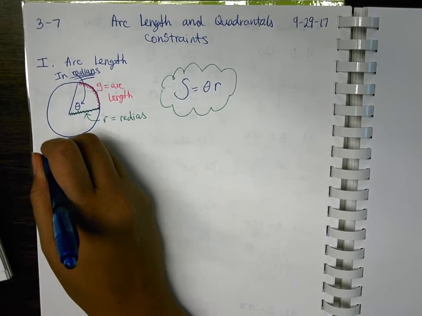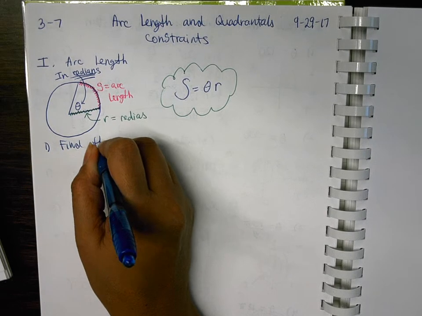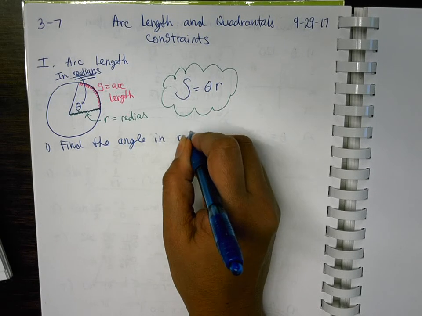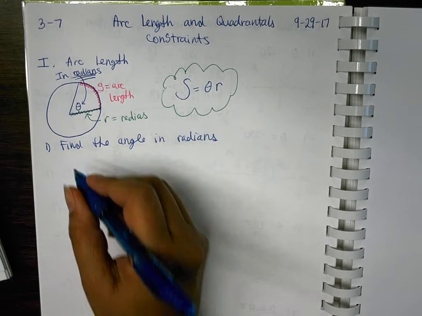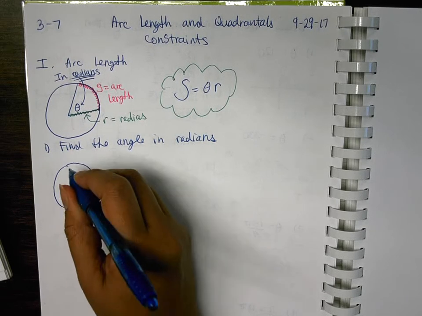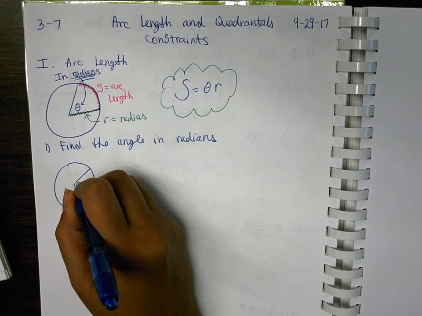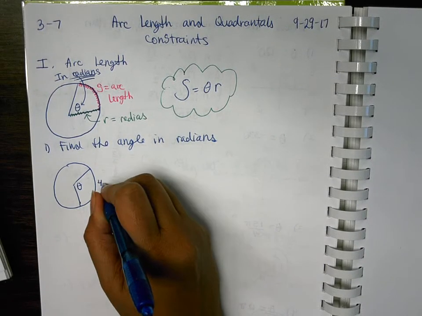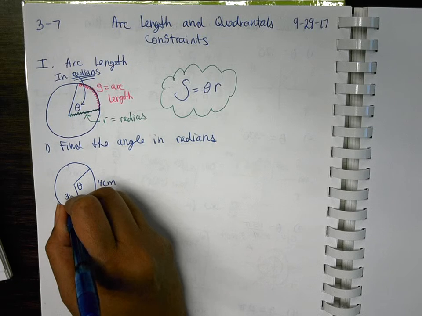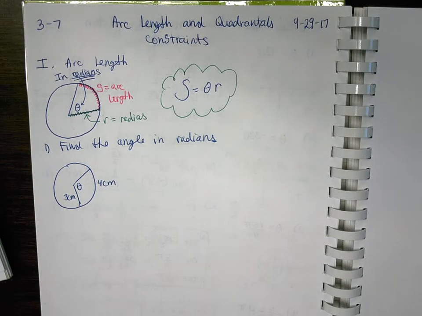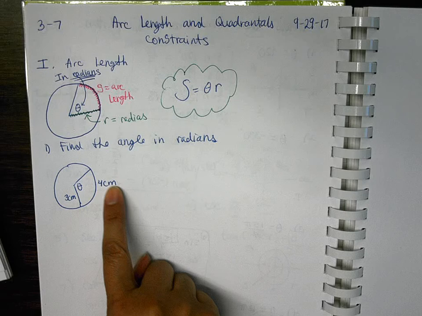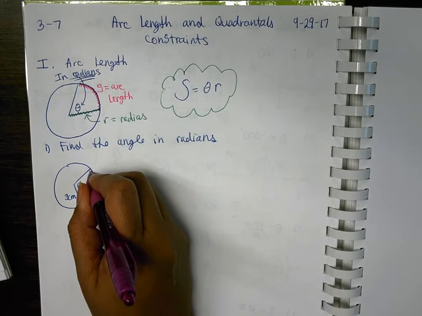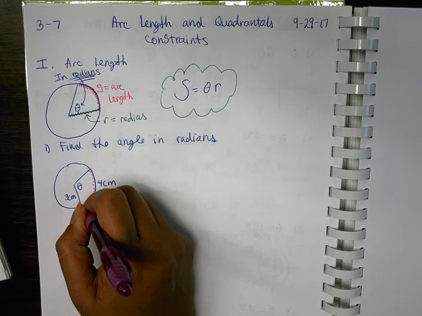All right, number 1. Find the angle in radians. I'm looking for theta. What does the 4 represent in this picture? The radius or the arc length?